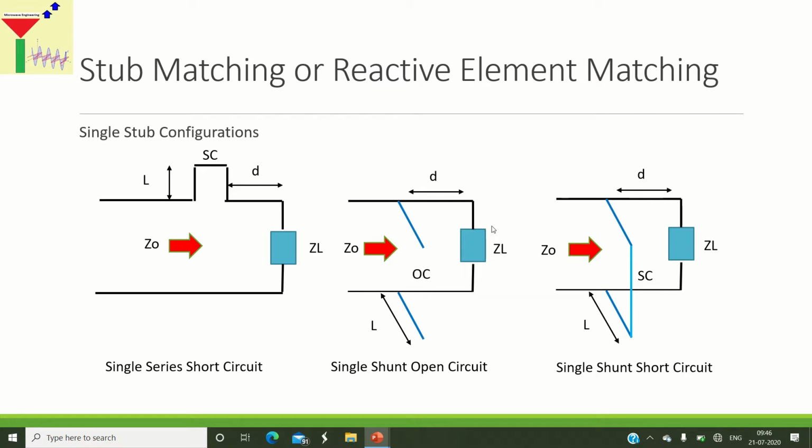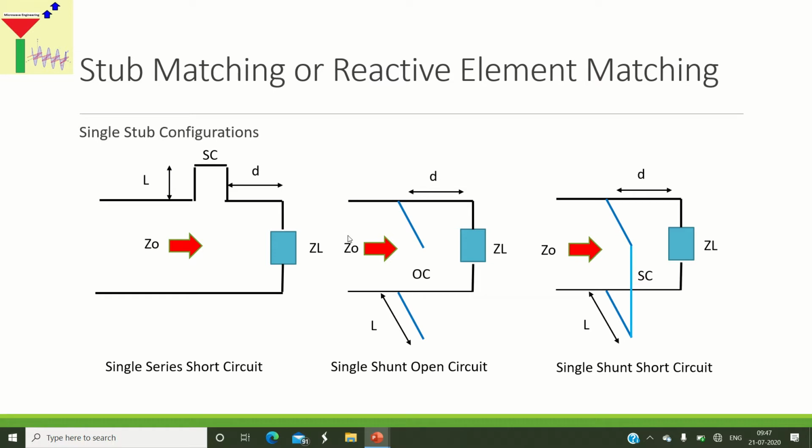Please remember, that's why this is called a parallel stub, or it is also known as a shunt stub. And how is this transmission line kept? The transmission line is kept open circuited at its end. So that's why it is called a single shunt open circuit configuration. So this is a single stub, a parallel stub, and this parallel stub is kept open circuited at the other end.